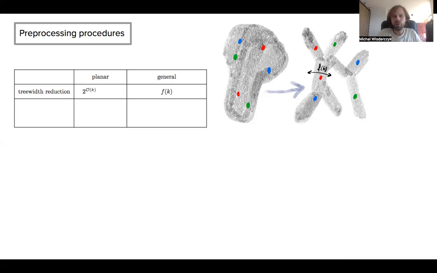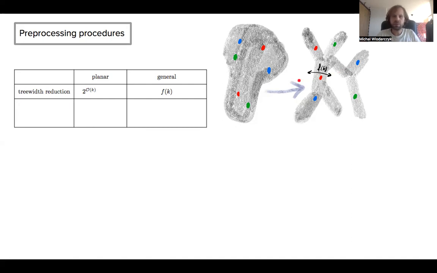If Treewidth is small, then we can employ dynamic programming techniques to solve problems as on trees. So reducing Treewidth to be some function of k helps us design FPT algorithms.